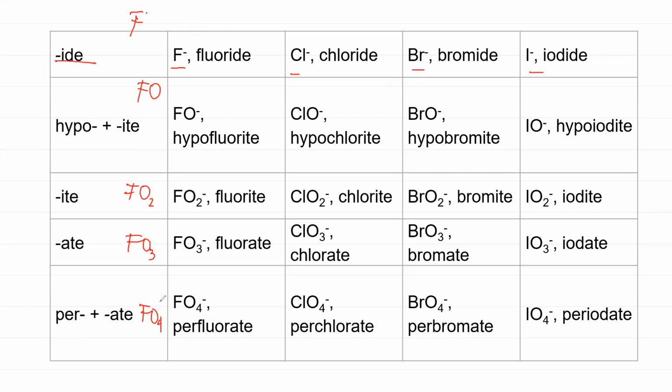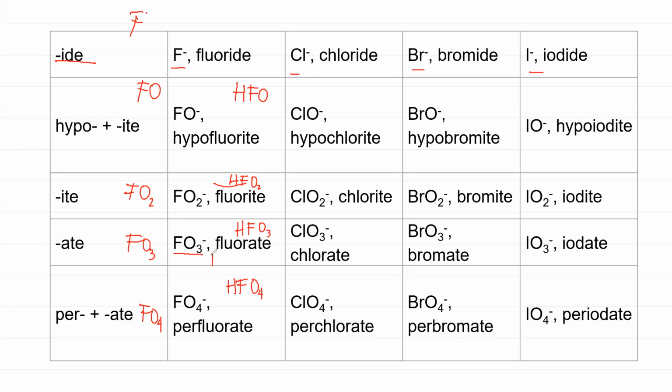So kung naging acid sila class, this will become HFO, HFO2, HFO3, and HFO4. Meron bang fluorate sa index cards ninyo? So si fluorate, class, is the FO3.